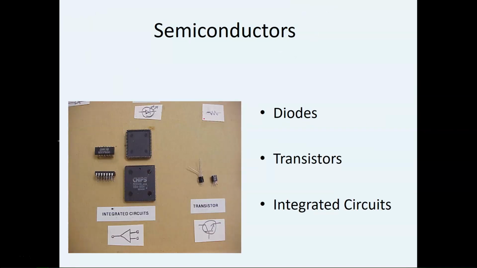These are some semiconductors. You have integrated circuits and transistors and diodes. Diodes should sound familiar, because if you've ever heard the term LED, that stands for light emitting diodes. Diodes are a one-way gate.